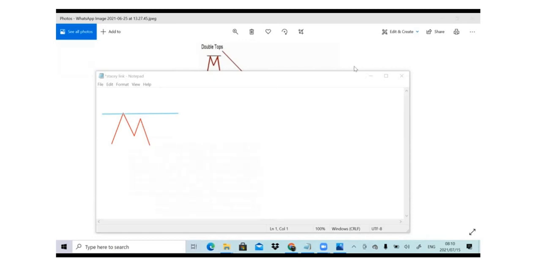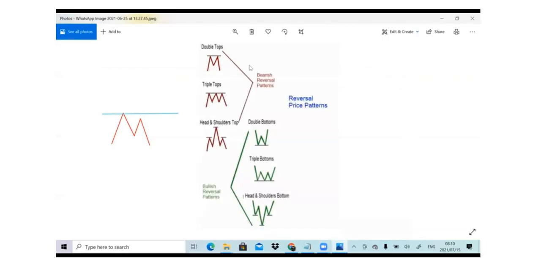It's not like here. It's not like here. So it's not always symmetrical. But mostly in the market, you'll find ones like this. You'll also find another one like this. So the points are not symmetrical.